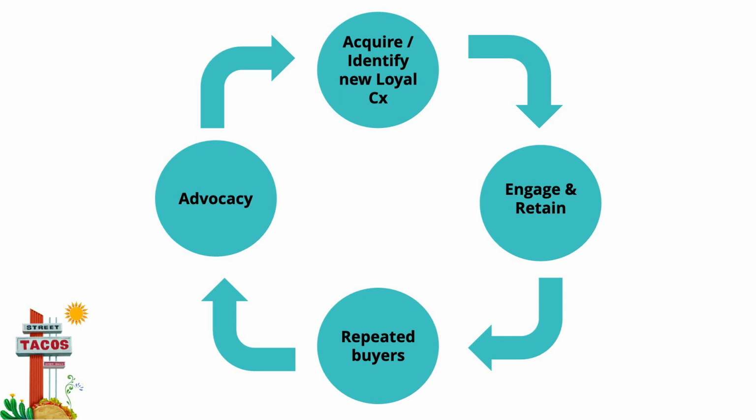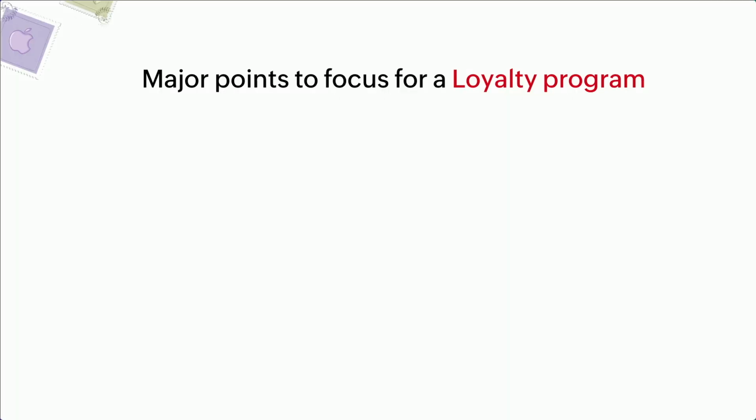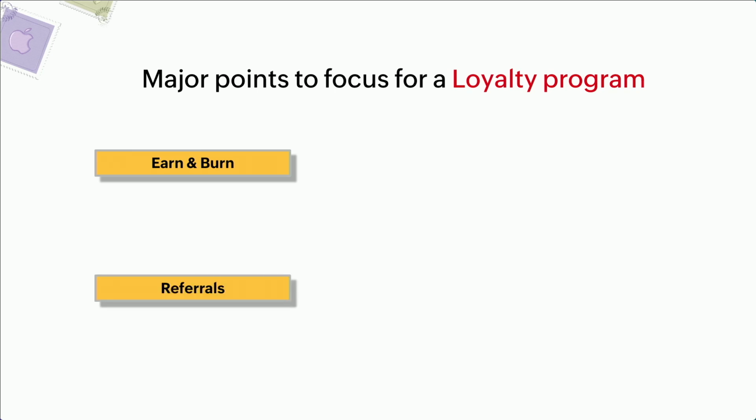For doing this, you have four major points in managing your loyalty program. The first and foremost thing is earn and burn. You allow your customer to earn loyalty points and burn those loyalty points on the next purchase. The next most important thing is referrals.